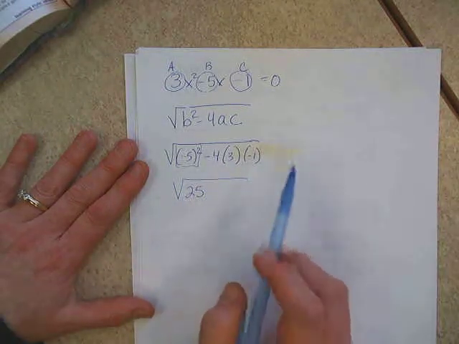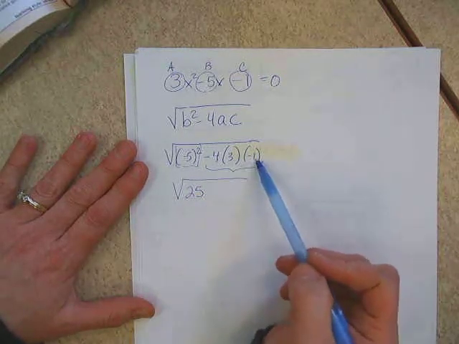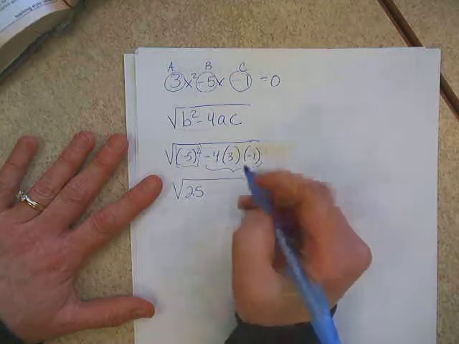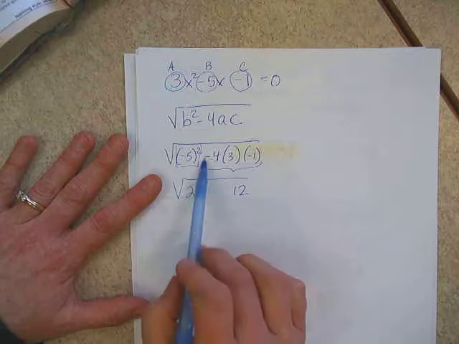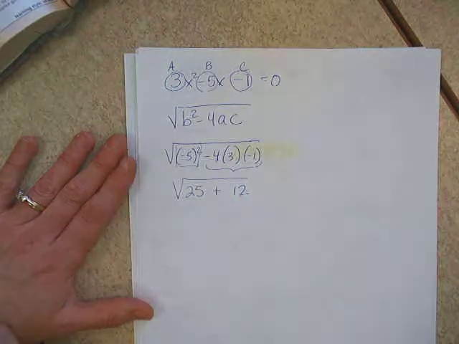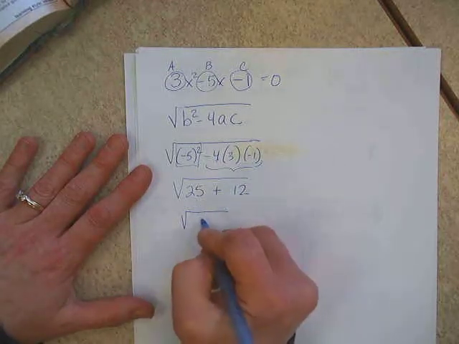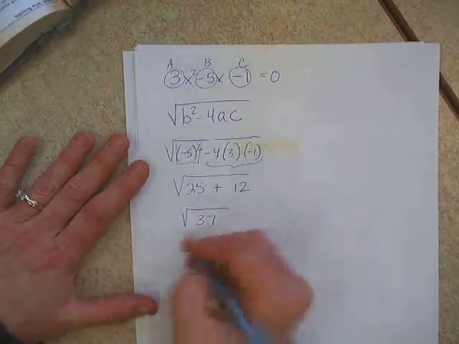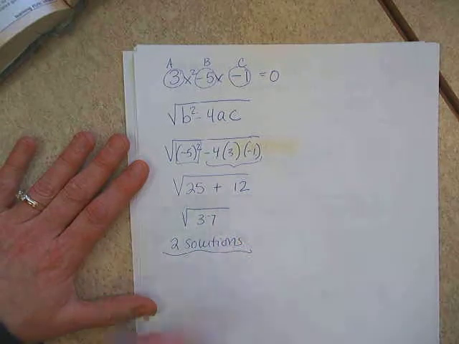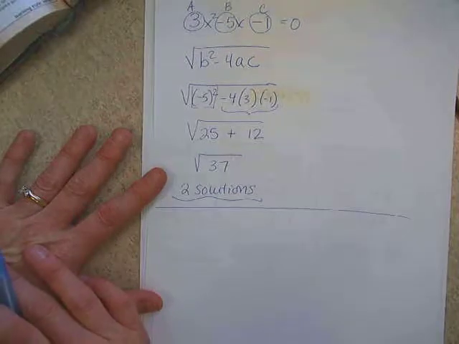When you square a negative number, the result should always be positive. I would recommend looking at the product of 4 and 3 and 1 before you worry about the sign. 4 times 3 is 12, times 1 is 12. And within these three numbers, there are two negatives, so we should get a positive. That means inside the radical, we have 37, so we should end up with two solutions.